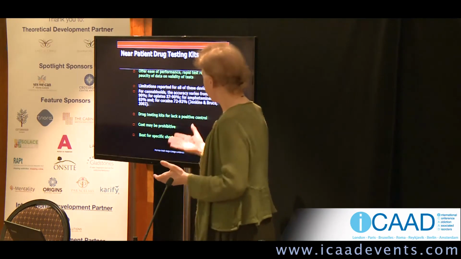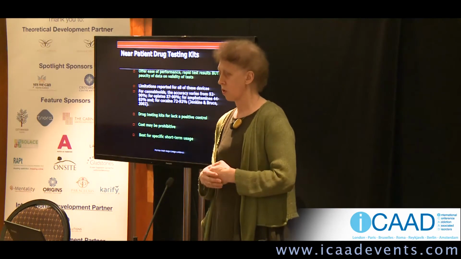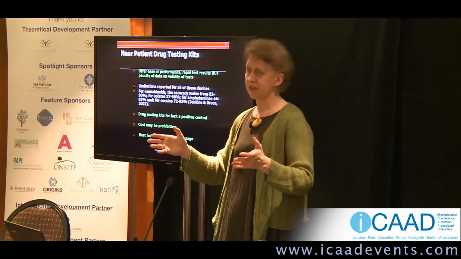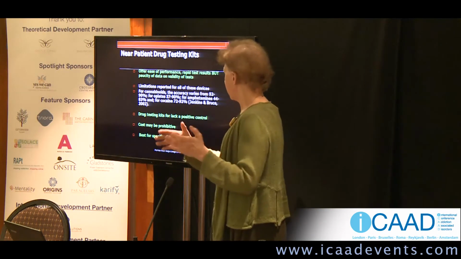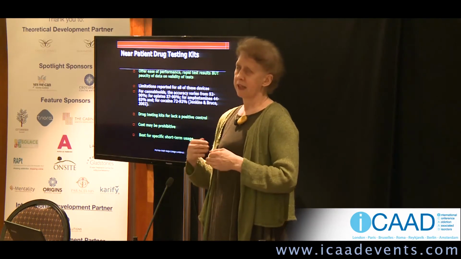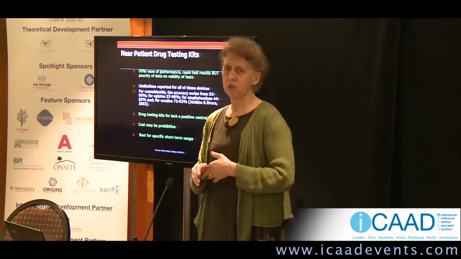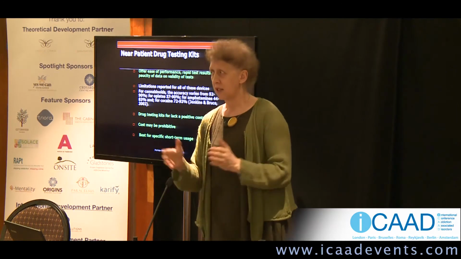As you can see, the accuracy varies according to the different tests, and sometimes it can be up at 70% accuracy, which is what we want, and sometimes it can be down as low as 30 or 40% accuracy. So again, ask about the type of kits that you're using, because there is a huge number out there on the market.